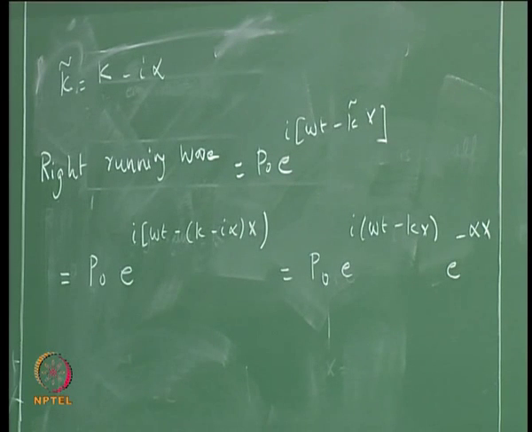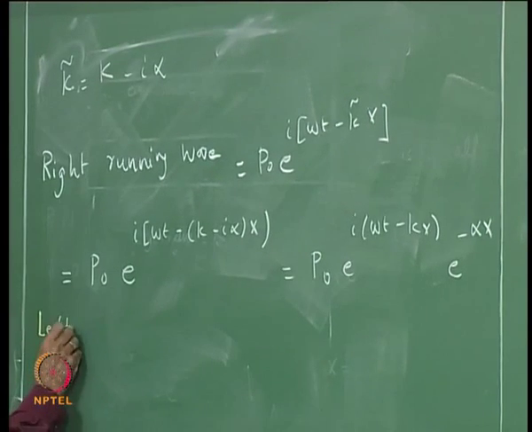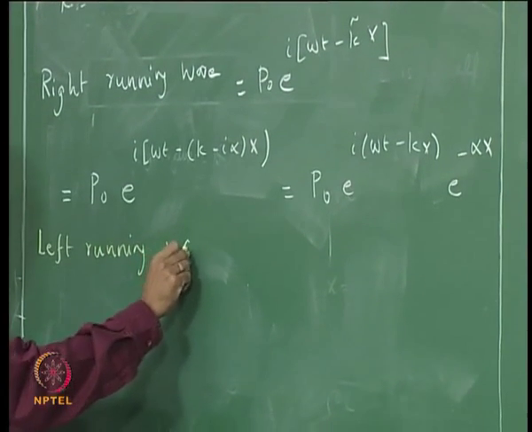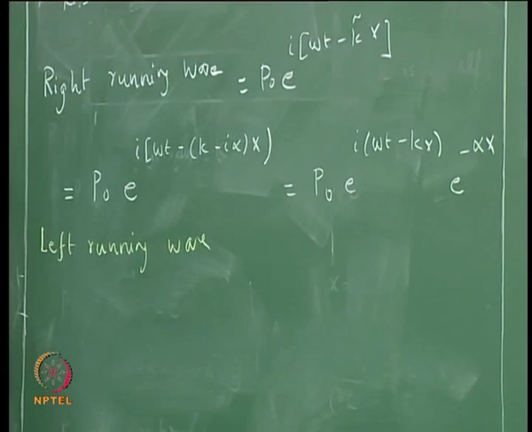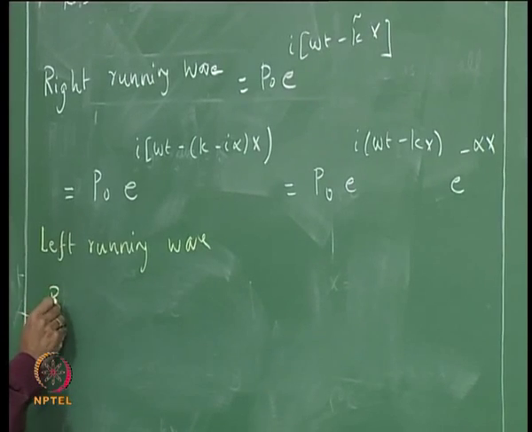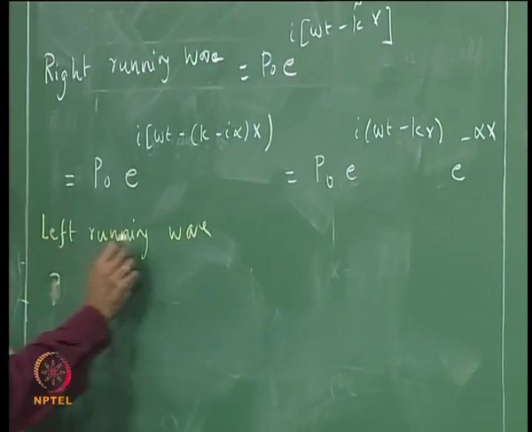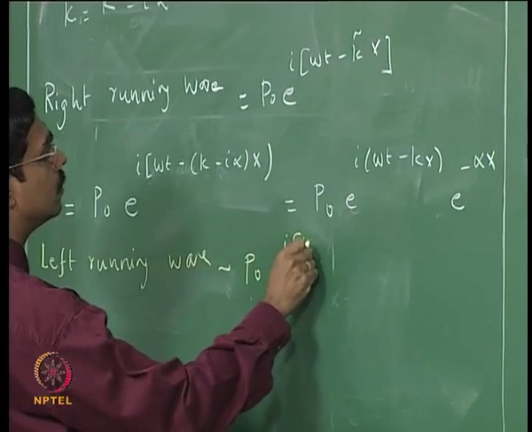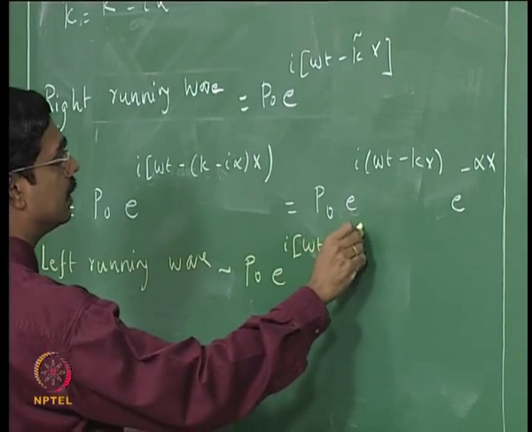Now we will have to look at a left running wave in the same manner. Use another color. So it will go like p naught e power i times omega t plus k tilde x here.